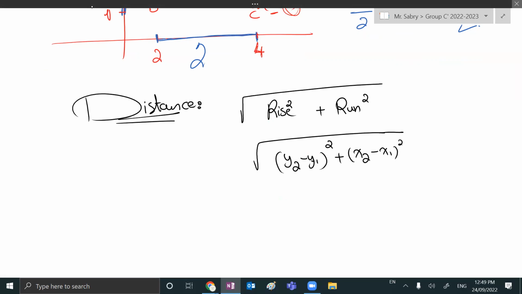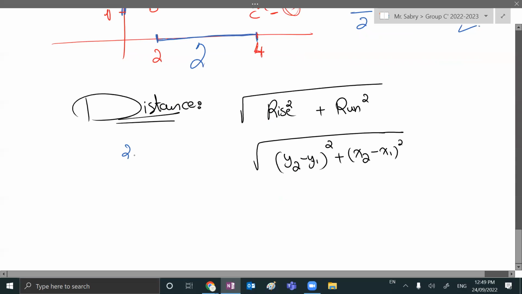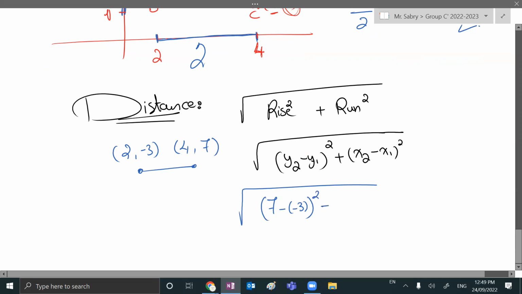So let's say I have points of 2 and negative 3, and the other point is 4 and 7. How do I know the distance from this point to that point? How do I know the length of that line? I'll just apply the rule. I'll say y2 minus y1 all to the power of 2 plus x2 minus x1 all to the power of 2.